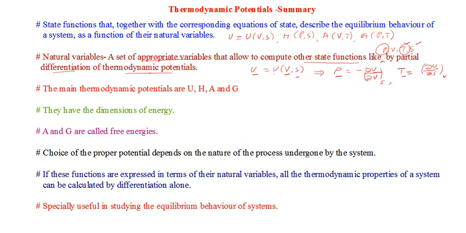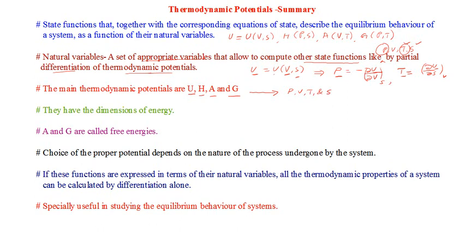I think by the time you are able to recall which are the thermodynamic potentials of our interest: U, H, A and G are the thermodynamic potentials. Now what are the remaining variables of our interest? The other variables which come as the natural variables are pressure, volume, temperature and entropy.